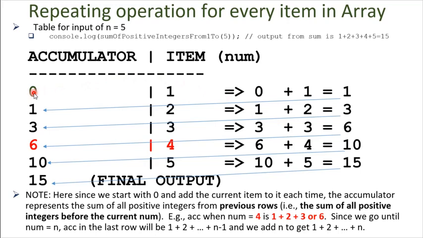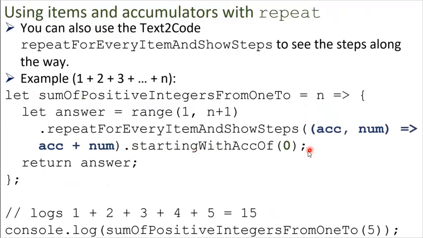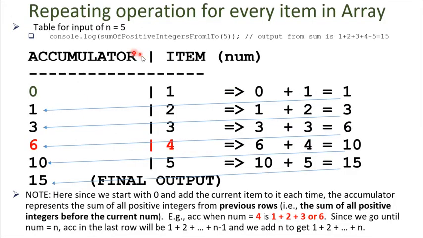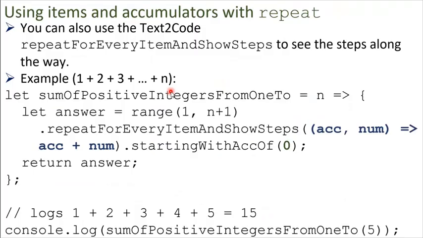we start with the accumulator, using starting ACC of 0. So we're saying we're starting with 0, and the starting item is the starting item from the list. This again was the list 1, 2, 3, 4, 5 in the example where n is 5.